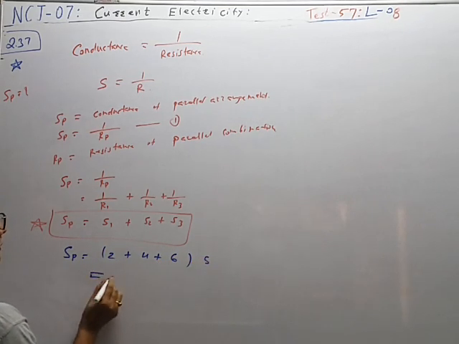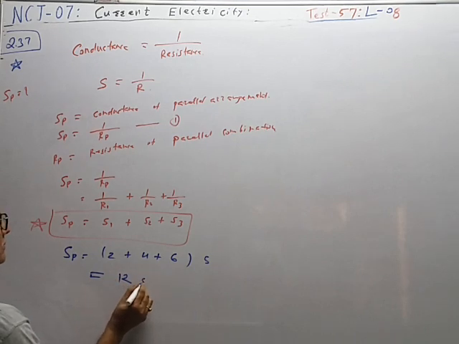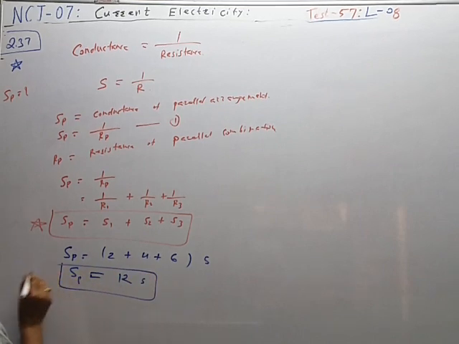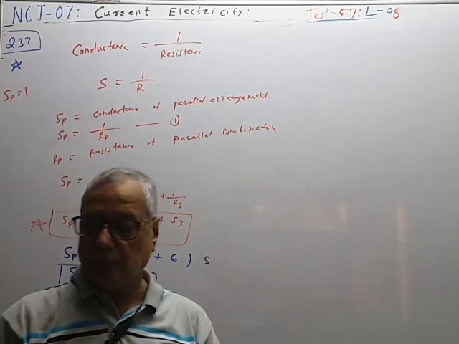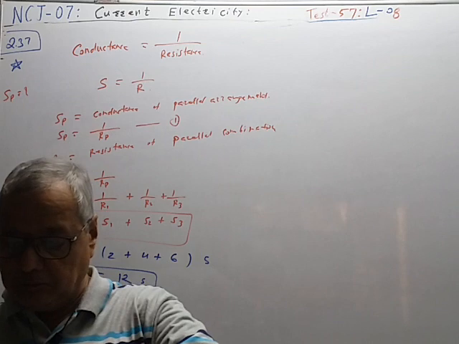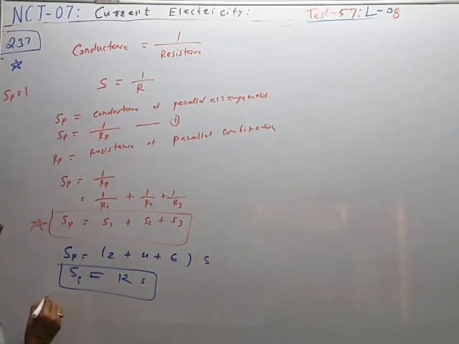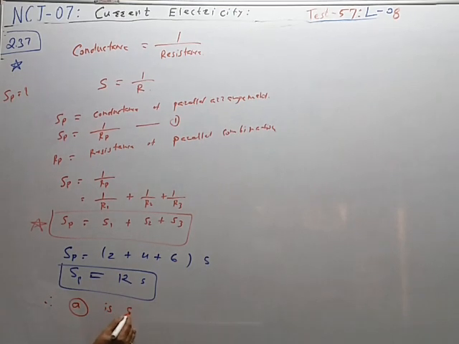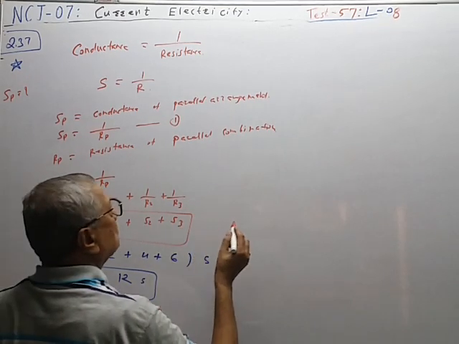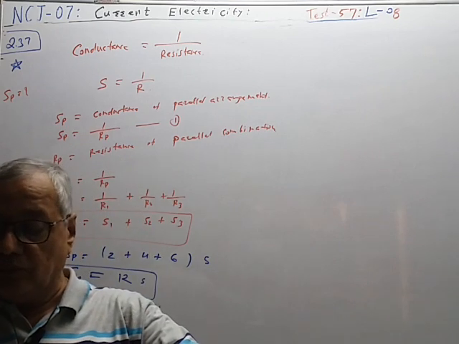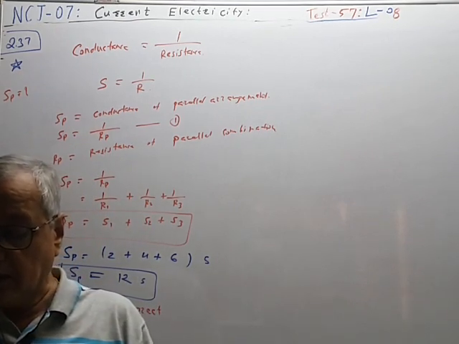So that is equal to 12 Siemens. So correct choice is A. A choice is correct.